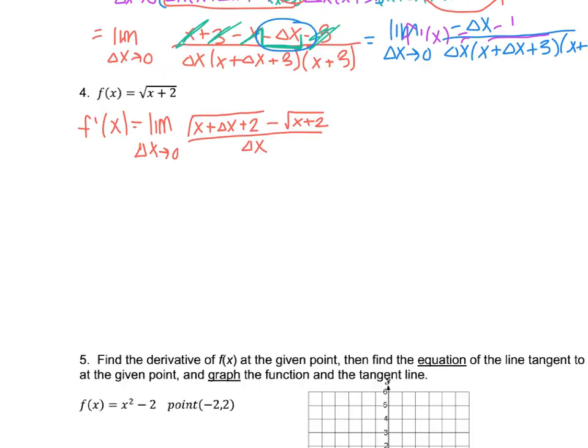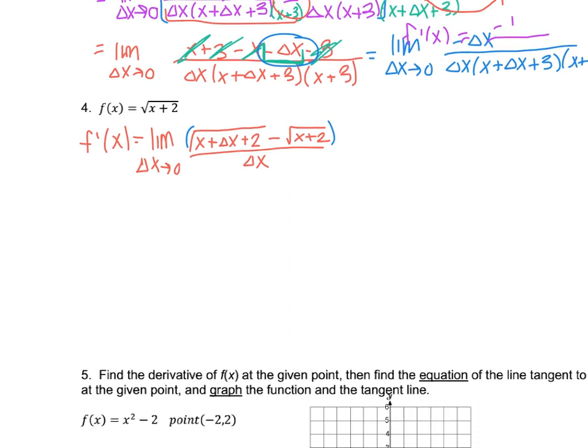Okay, so rationalizing this numerator means I'm going to multiply the top and the bottom by the reverse of this whole numerator, except changing that minus to a plus. So I'm multiplying this whole thing by the square root of x plus delta x plus 2 plus the square root of x plus 2.